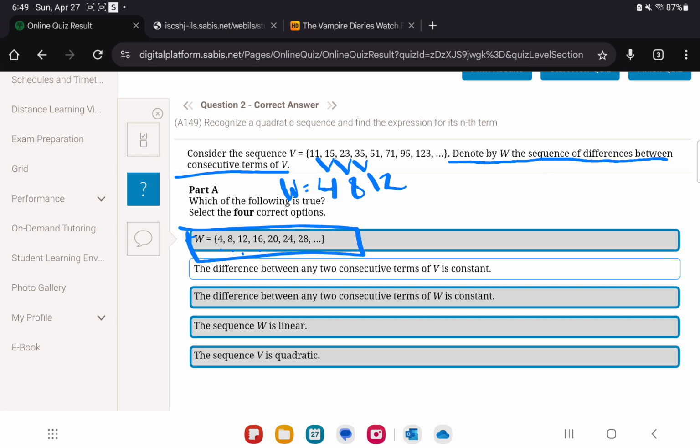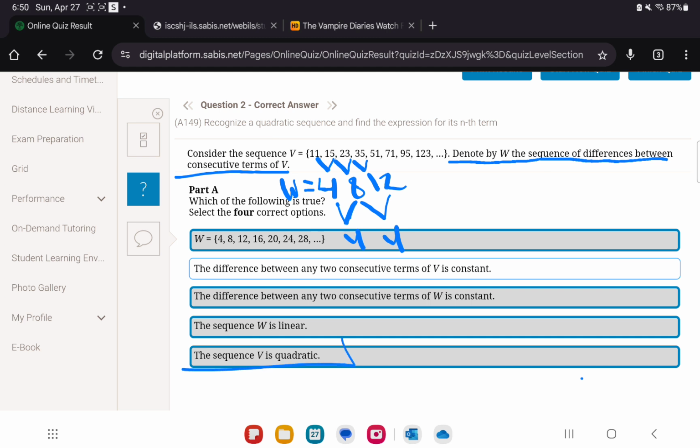Now, let's solve beyond W, okay? The difference between 4 and 8 is 4, and the difference between 12 and 8 is also 4. So we have a second common difference. That means this sequence is a quadratic sequence and W is a linear sequence, okay?